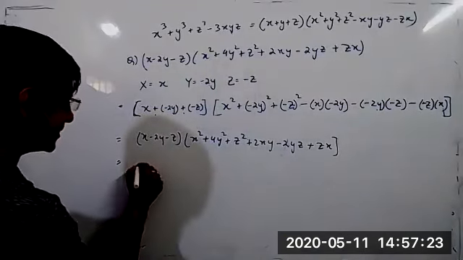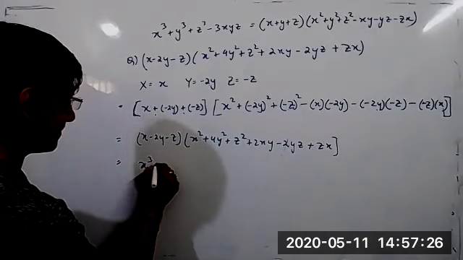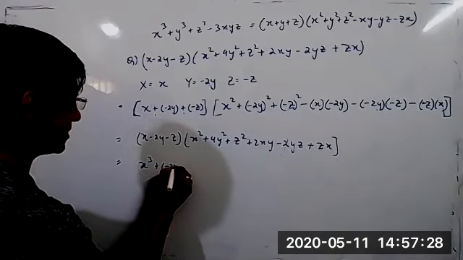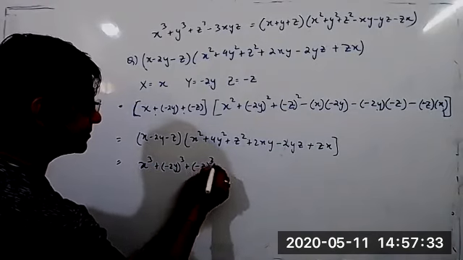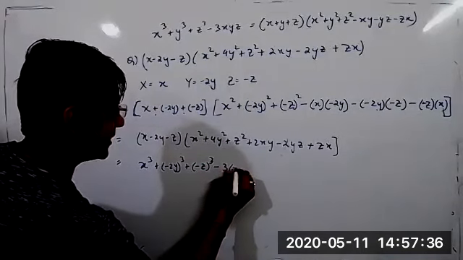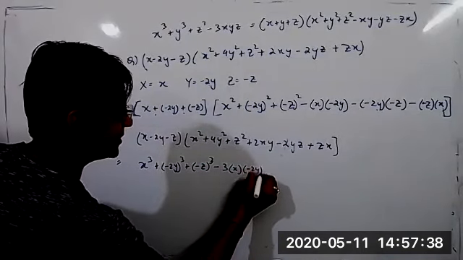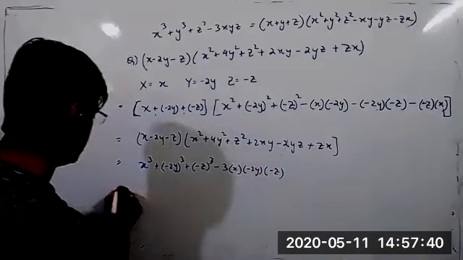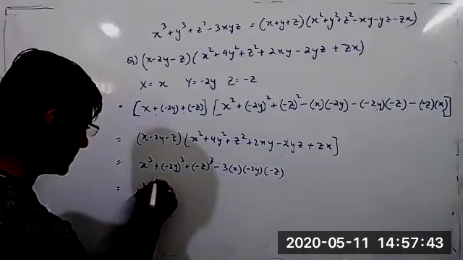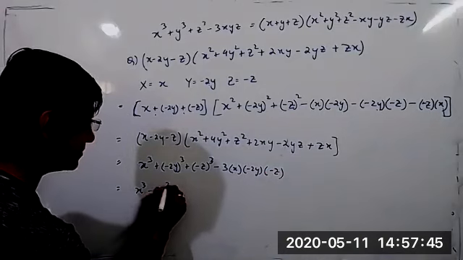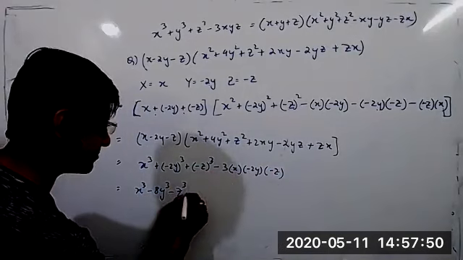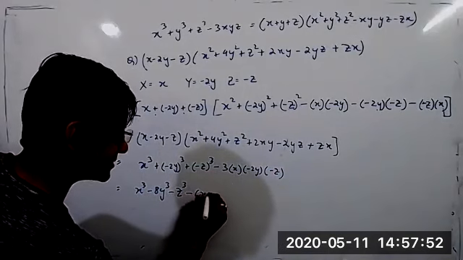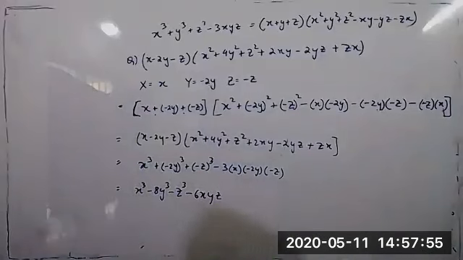We can write it as x cube plus y cube plus z cube minus 3 into x into y into z, which is equal to x cube minus 8y cube minus z cube minus 6xyz. Is it clear? Yes, sir.